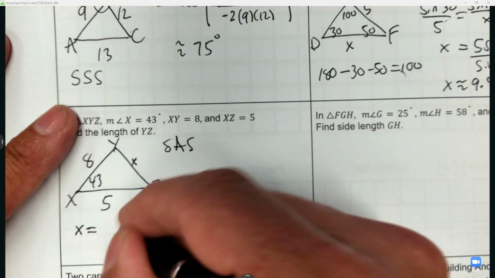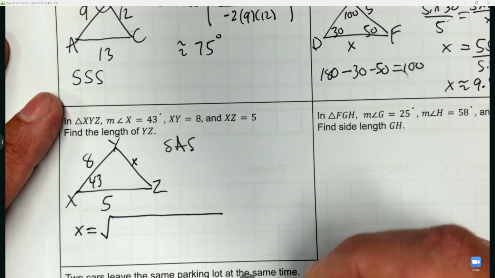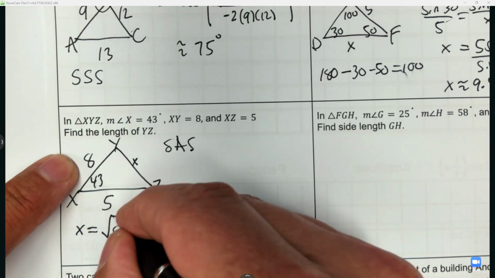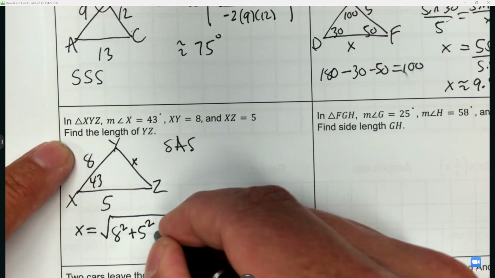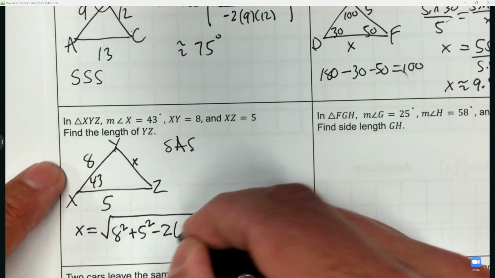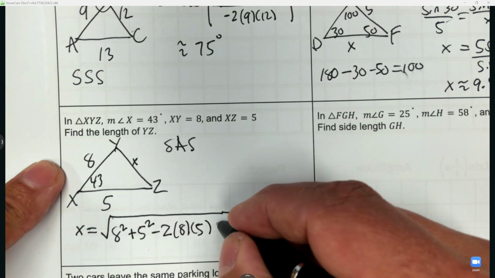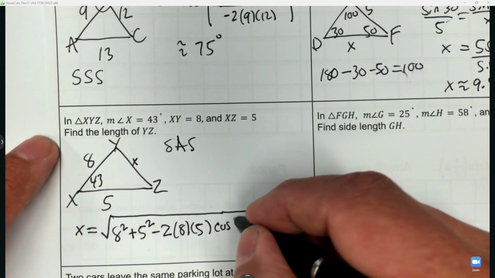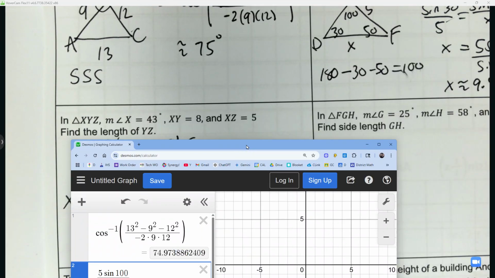So for the law of cosines, to find a missing side, we start with a long square root sign. And then you pick a side and you square it, plus pick another side and square it, subtract 2, and we multiply those two sides we have, 8 and 5. And then it ends with the cosine of the angle in between them. And then that's what I'm going to type into Desmos.